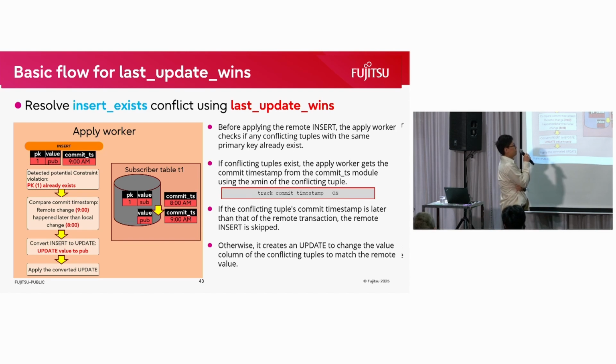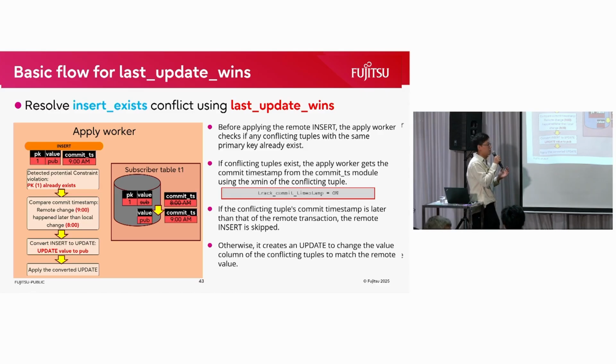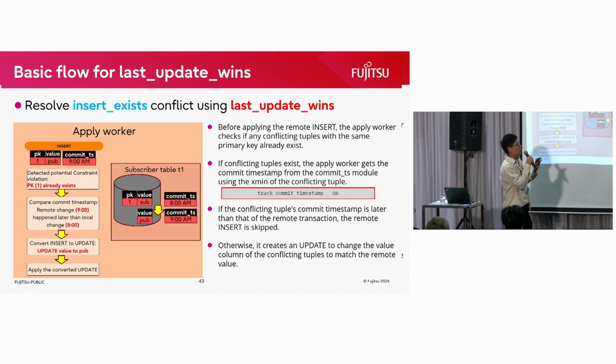If the conflicting tuple exists, the apply worker gets the commit timestamp from the commit timestamp module, when this GUC is enabled, and then it will compare the commit timestamp of the local tuple with the remote insert. If the conflicting tuple's commit timestamp is later than the remote one, the remote insert is skipped. Otherwise, it creates an update to change the value of the conflicting tuple to match the remote new value.